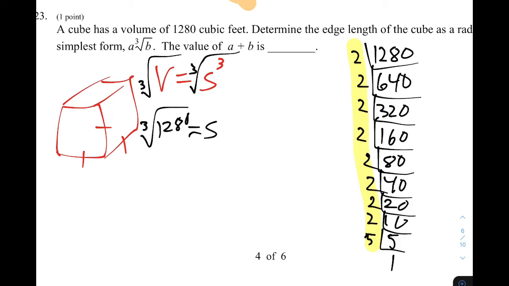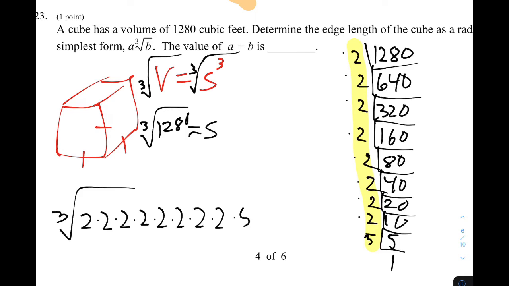And I'm looking for groups of 3. Just for fun, I'm going to write out the cube root of eight 2s, and that 5. That's the length of my side.